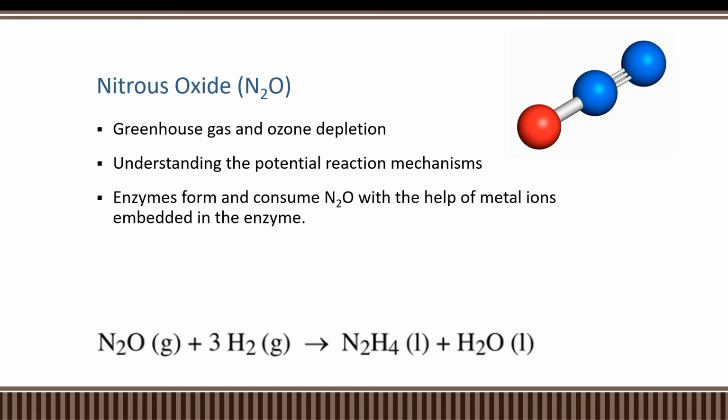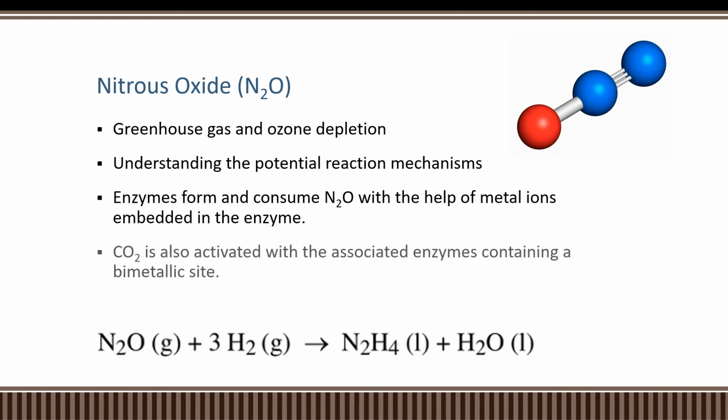One of the things we find is that enzymes have metal ions associated with the active site, which is the place on the enzyme where it activates small molecules. CO2 is another example of a small molecule that is relatively stable, but it is activated by enzymes, and those enzymes tend to have a characteristic bimetallic site.